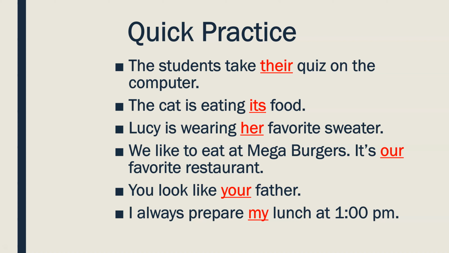Next one. Lucy is wearing her favorite sweater. So Lucy is one woman and her. Next one. We like to eat at Mega Burgers. It's our favorite restaurant. So here the subject is we and our.